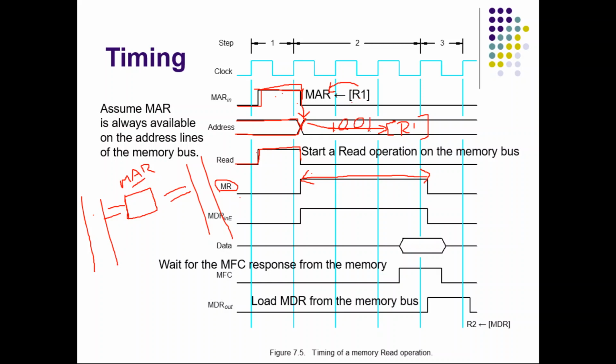So the data from that location will be read now. MR means the actual read operation is going on. Let us assume that the data is 28 and MDR in is activated, which means the data will be moved to MDR. That is 28. So the data is moved to MDR.